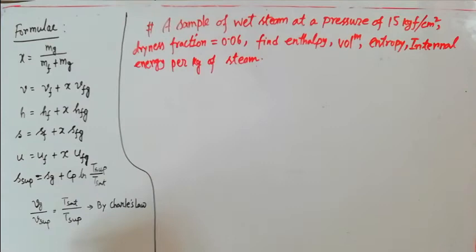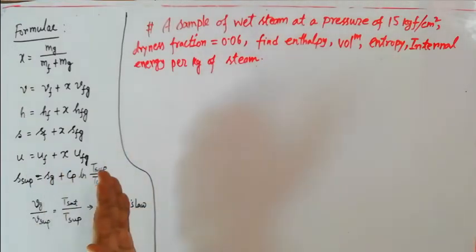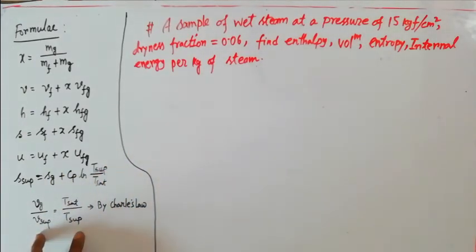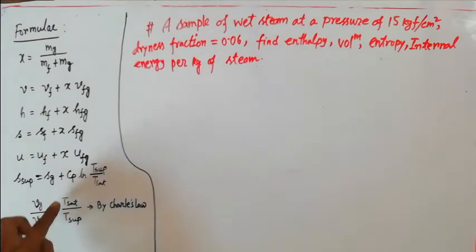Okay. Now this particular thing is nothing but Charles law. Keeping the pressure constant, we know that volume is directly proportional to the temperature. So if we use that relation for two state points, where the steam is in saturated condition and in superheated condition, then we can build this relation: Vg by V sup, that means specific volume of dry saturated vapor to the superheated vapor, equals T sat by T sup, that means saturation temperature by superheated temperature.